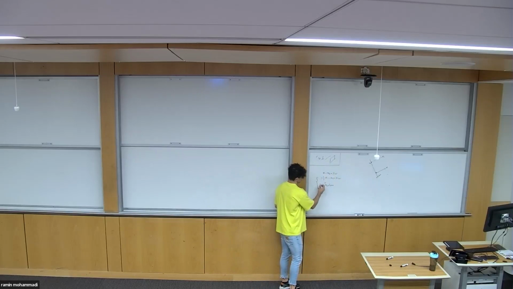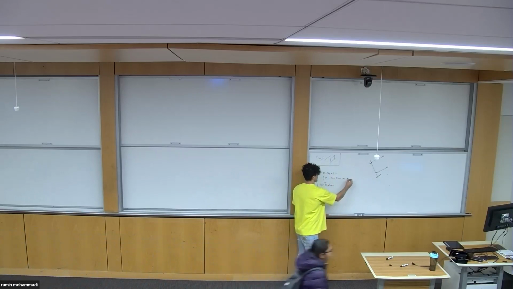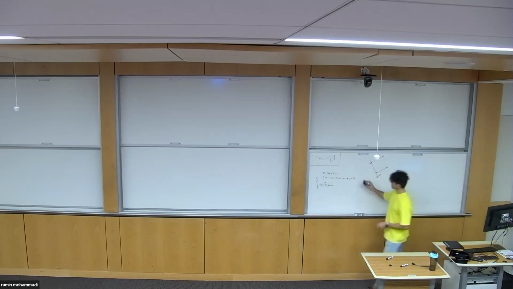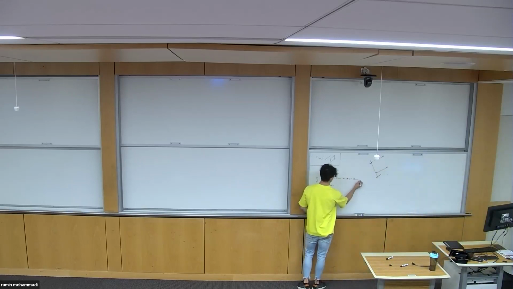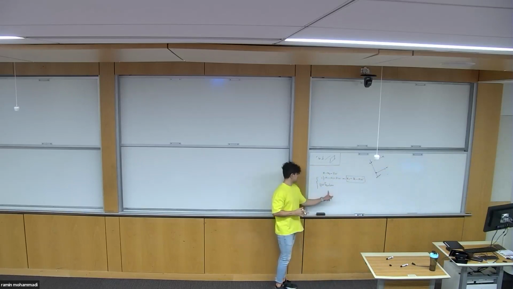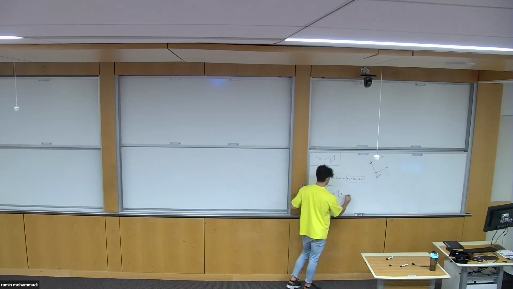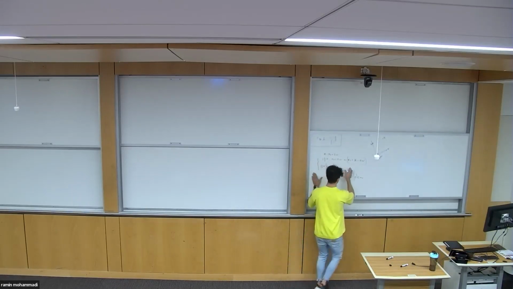Here we can rewrite x2 as x1 minus alpha W, right? And then we can replace that here. So we will get W transpose times (x1 minus alpha W) plus b equal to 0. Okay.